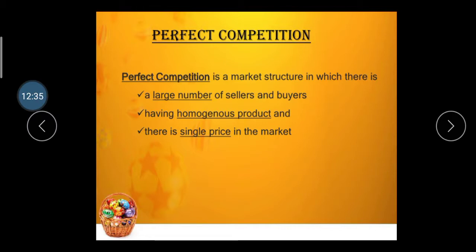Both sellers have similar products available for selling, right? So there is a single price in the market, because if one firm raises its product price, then automatically the demand for the product decreases and it faces a loss, right? So a single price has to be considered in this perfect competition.